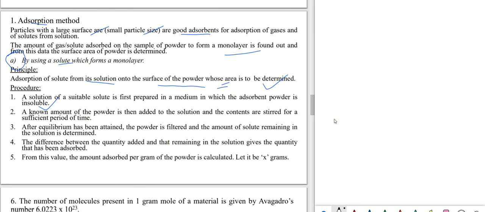A known amount of powder is then added to the solution. Let's discuss this.